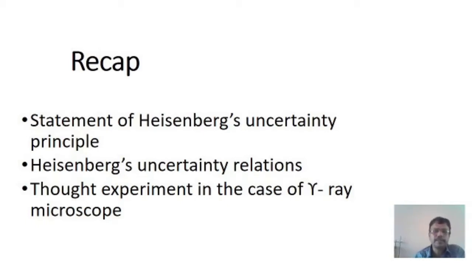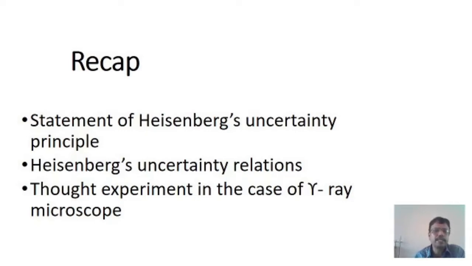According to this experiment, the limit of resolution of a microscope is delta x, or dx, equal to lambda by 2 sine theta. Lambda is the wavelength of light used, and theta is the semi-vertical angle of the cone of rays entering from the objective. Similarly, the uncertainty in the measurement of momentum is delta px, that is 2h sine theta divided by lambda.